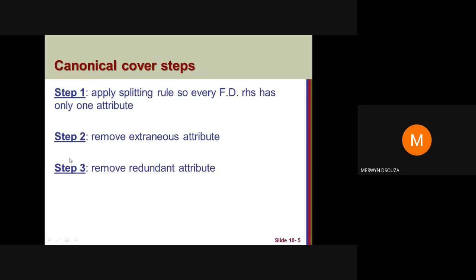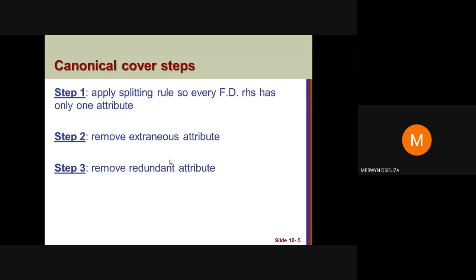These are the steps that you're going to apply to find the canonical cover. Step 1, you are going to apply mostly the splitting rule, so that every functional dependency has only one attribute on the right hand side.